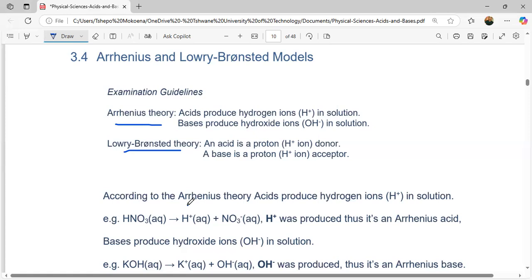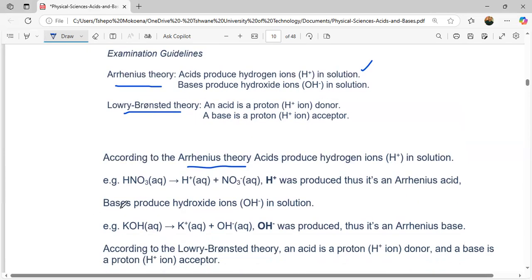Now, firstly, let's look at the Arrhenius theory in terms of acid producing hydrogen ions, like how he said it over there. Now, in this case, we can see that in this example, we have HNO3, which is our acid. It's a nitric acid. Nitric acid forms H plus ions and NO3 minus ions.